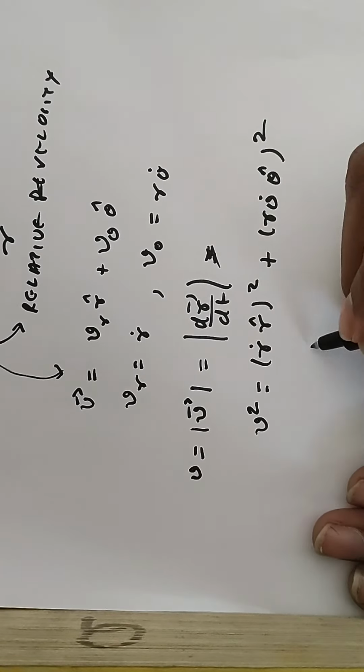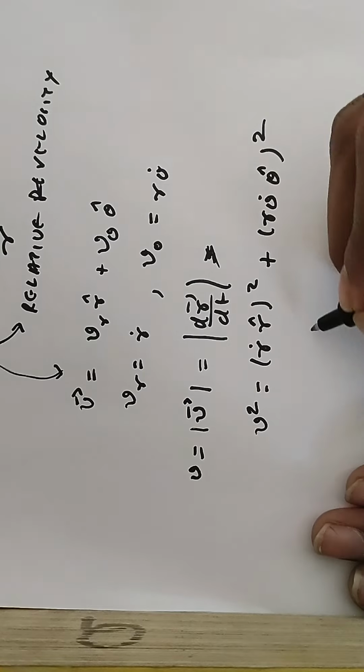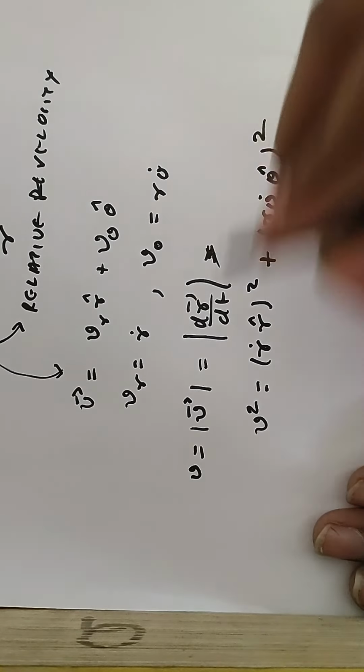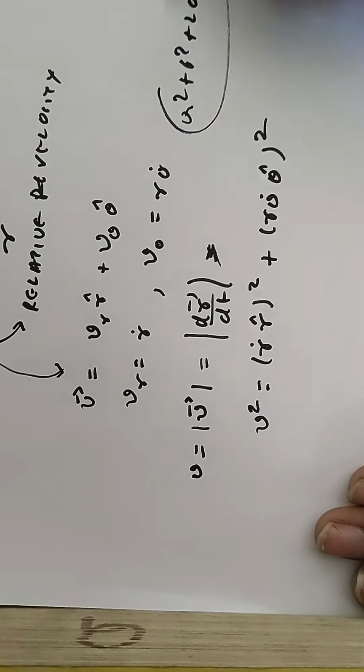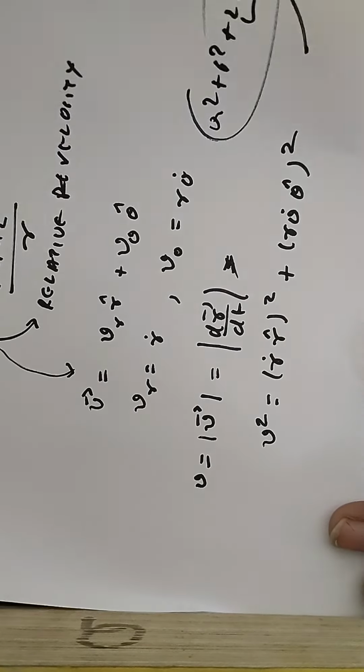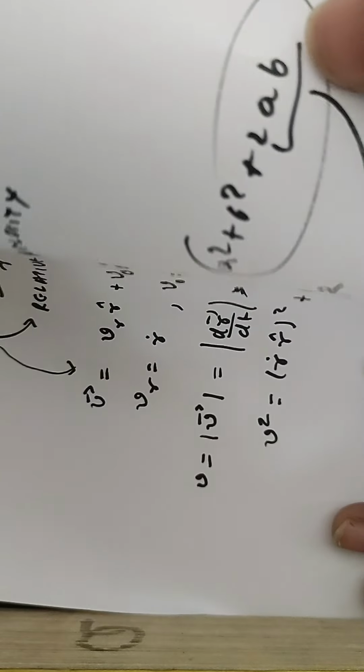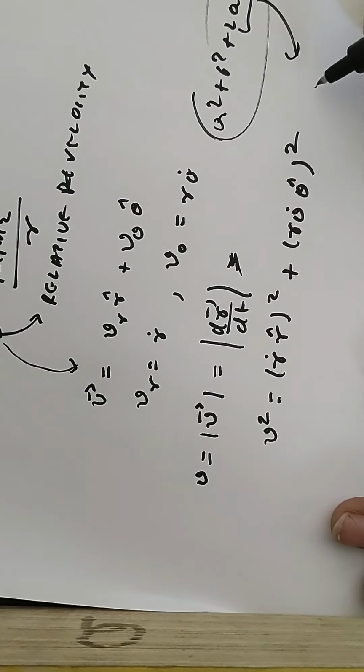The cross term, as in the a square plus b square plus 2ab expansion, this 2ab combined term, will be absent.